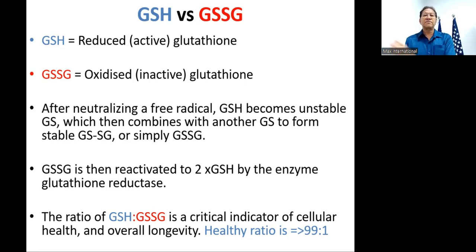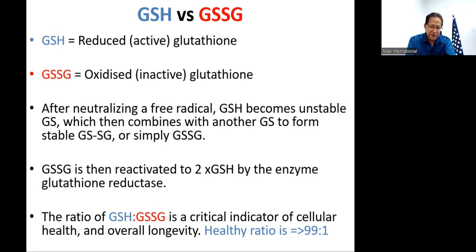Free radicals are unstable molecules. So when an antioxidant has done its work by donating an electron, then it also becomes unstable and has to be rescued by a stronger antioxidant. But with glutathione, since it is already at the top of the antioxidant cascade, it has to have a system that it rescues itself. So all that needs to be done is 2 molecules of oxidized glutathione combined together, then it becomes stable.